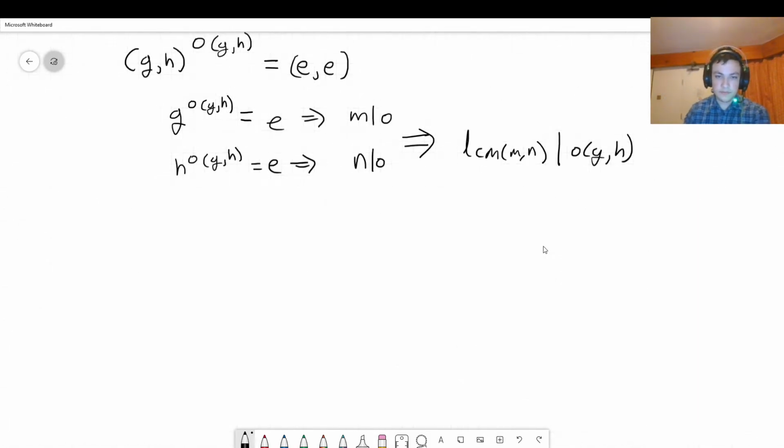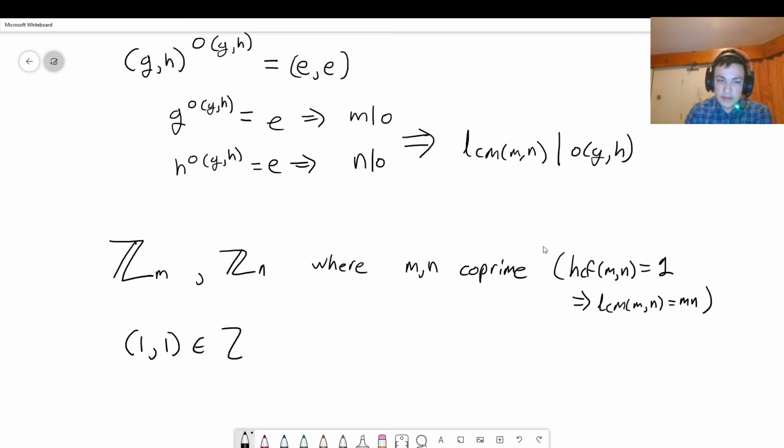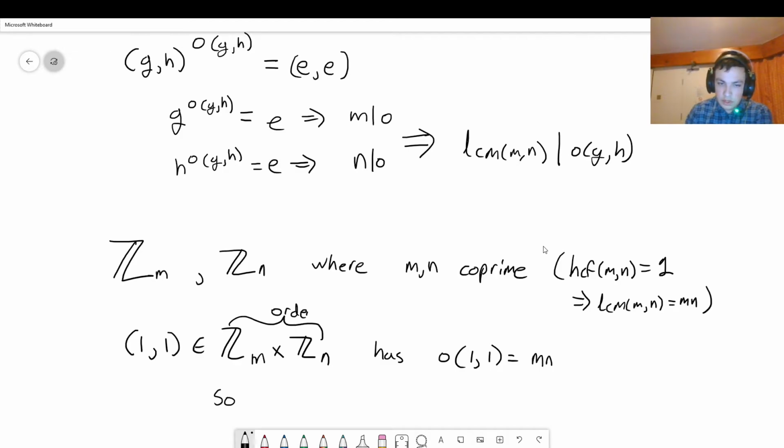Okay, good. So if we then take the groups Z_m and Z_n, where m and n are coprime, so the highest common factor of m and n is 1, which means that their lowest common multiple is just their product, mn. Then the element (1,1) in the group Z_m cross Z_n has order the lowest common multiple of m and n, which is mn, and so because the order of this is mn as well, we must have that Z_m cross Z_n is congruent to the cyclic group Z_mn.